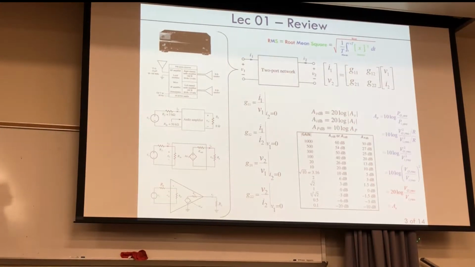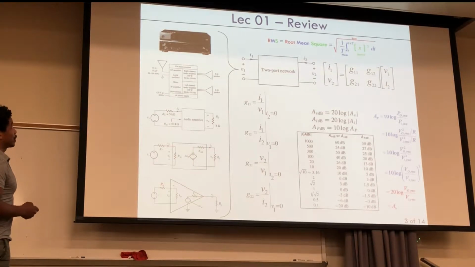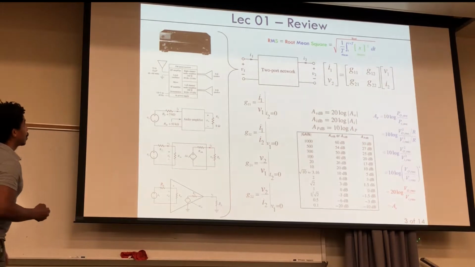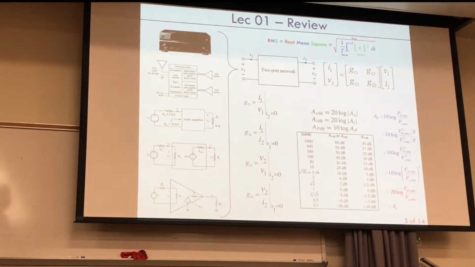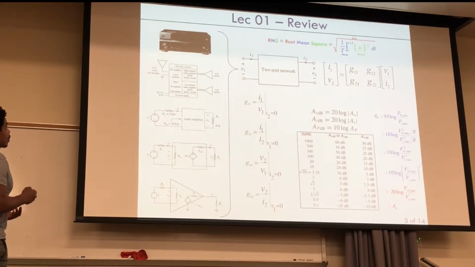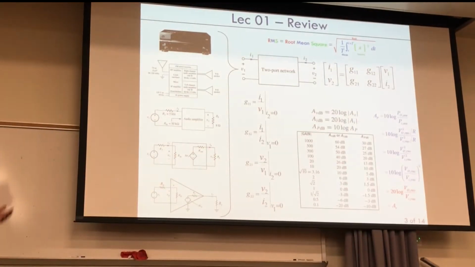90%. Here's a slide that reviews basically lecture 1 material. Okay, so we've seen different abstractions of types of amplifiers. So here's a stereo amplifier that could be looked at like this, where it receives some type of voltage input. In this case, it's an antenna.